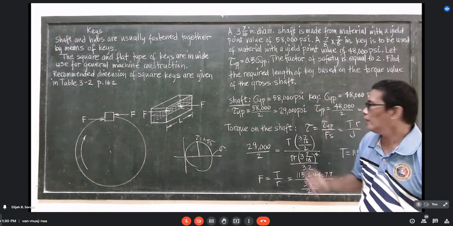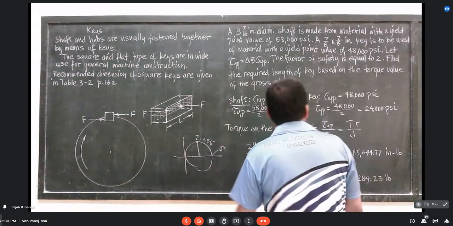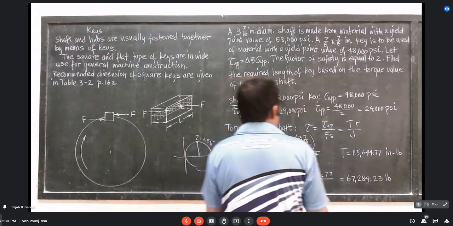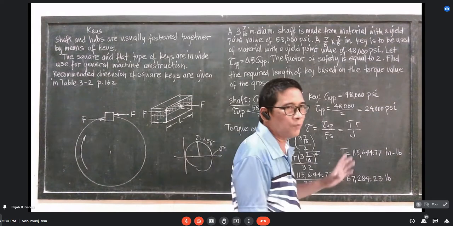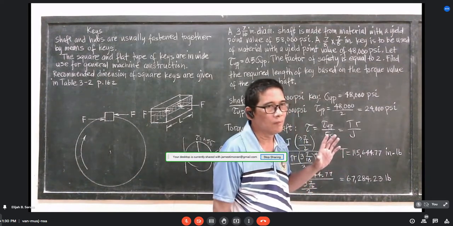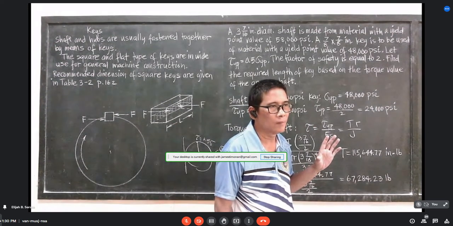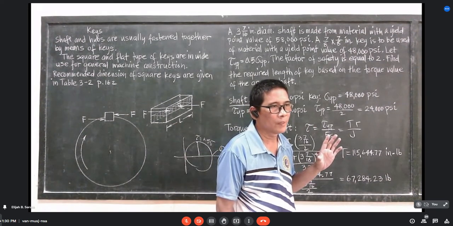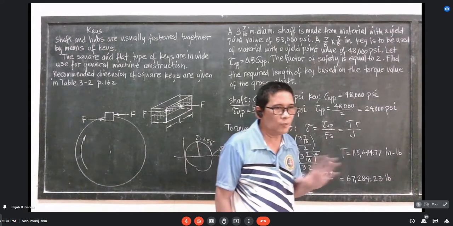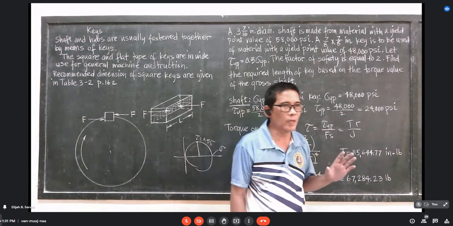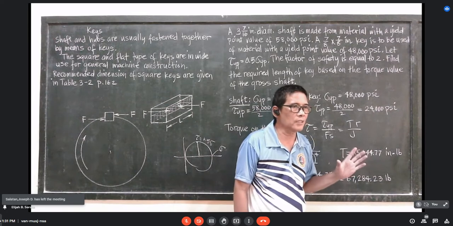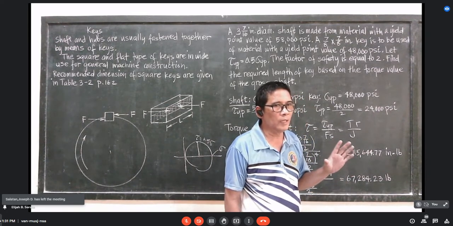In other words, what is the formula for that torque on the shaft? Shearing stress is equal to TR over J.